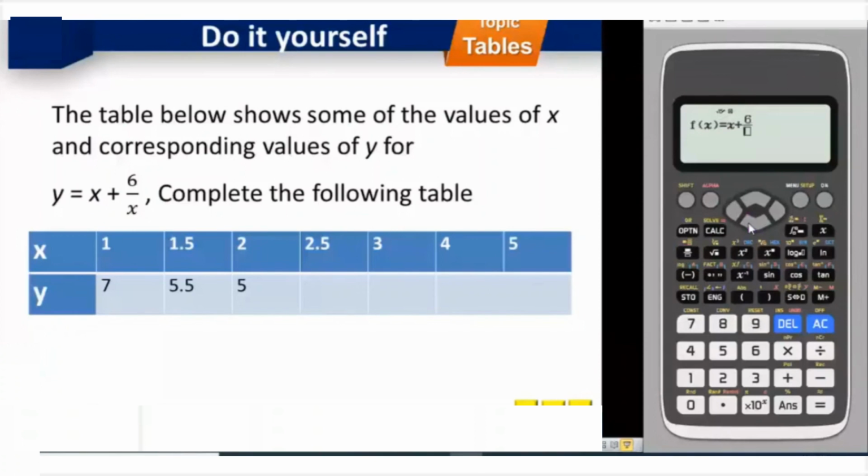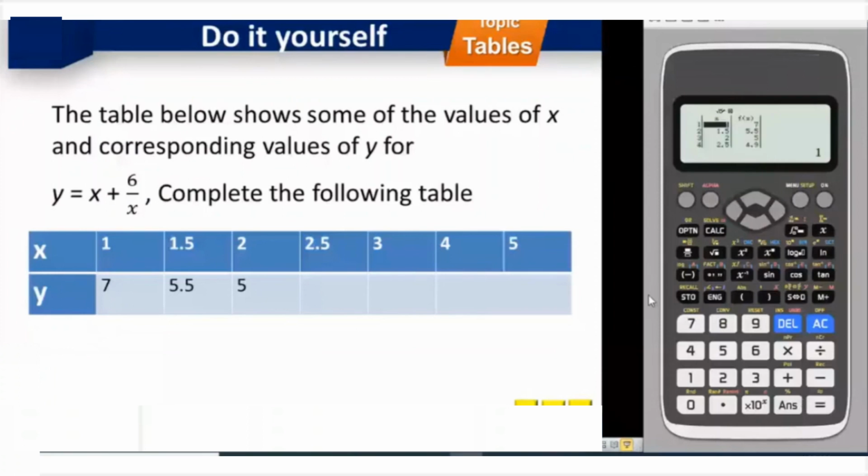I will write x is equals to, there is no gx. Starting value is 1. Ending value is 5. And the step is 0.5. Since there are multiple steps, the smallest possible step is 0.5. And I will press equals to.